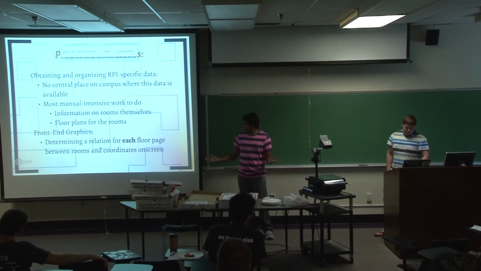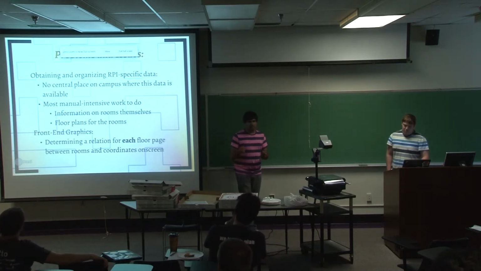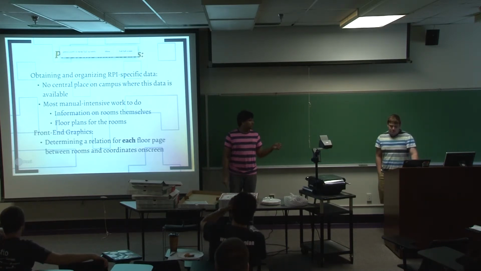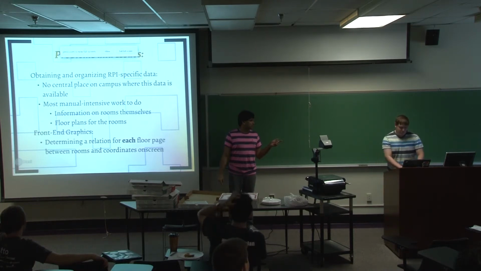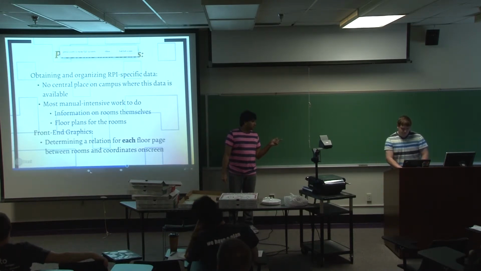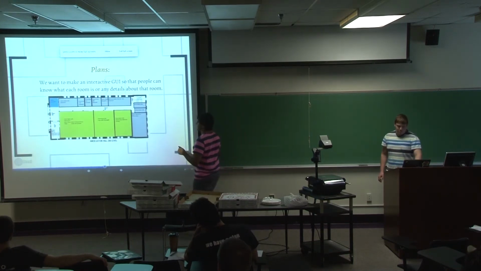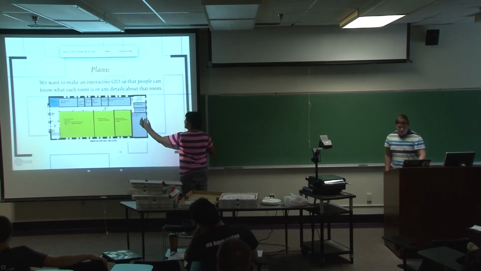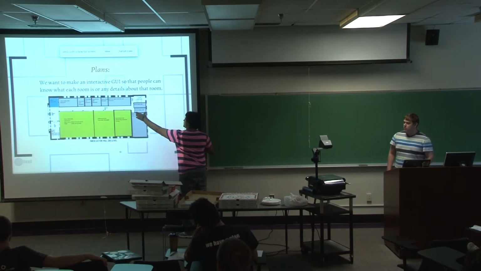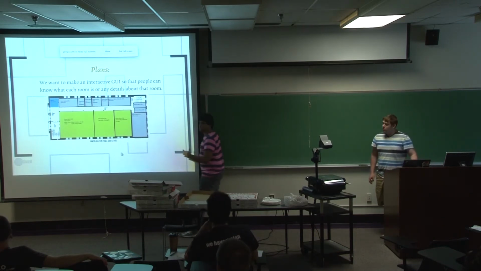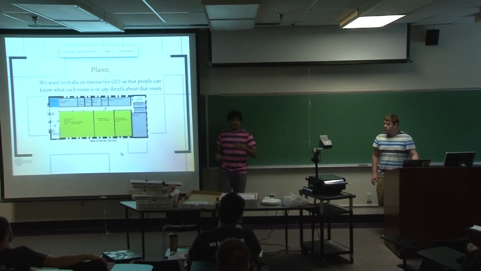And the specific issue that we had with the front end graphics is we had to determine a relationship for each floor page. If you can go back to the first slide. Our issue here was that we had to make a relationship between which room is what type, as well as determine what color to give it.